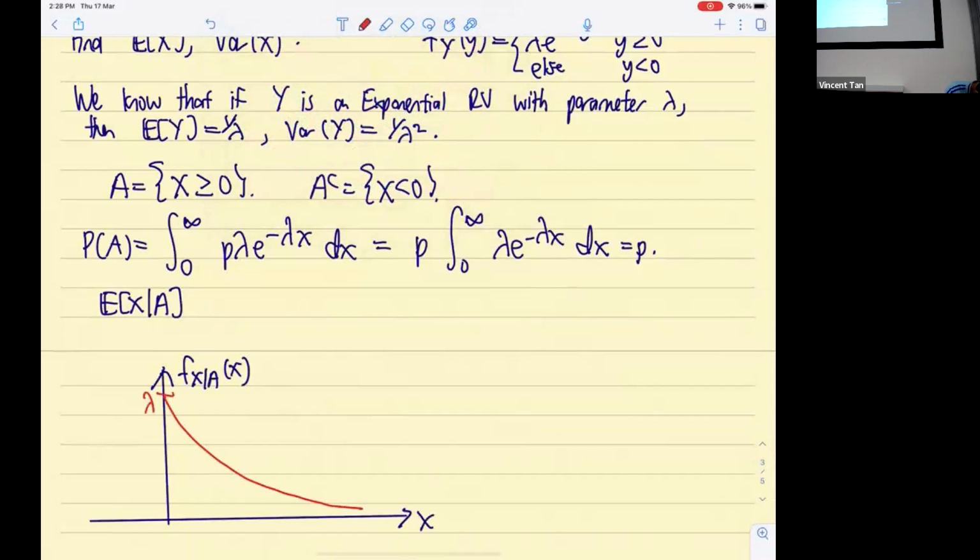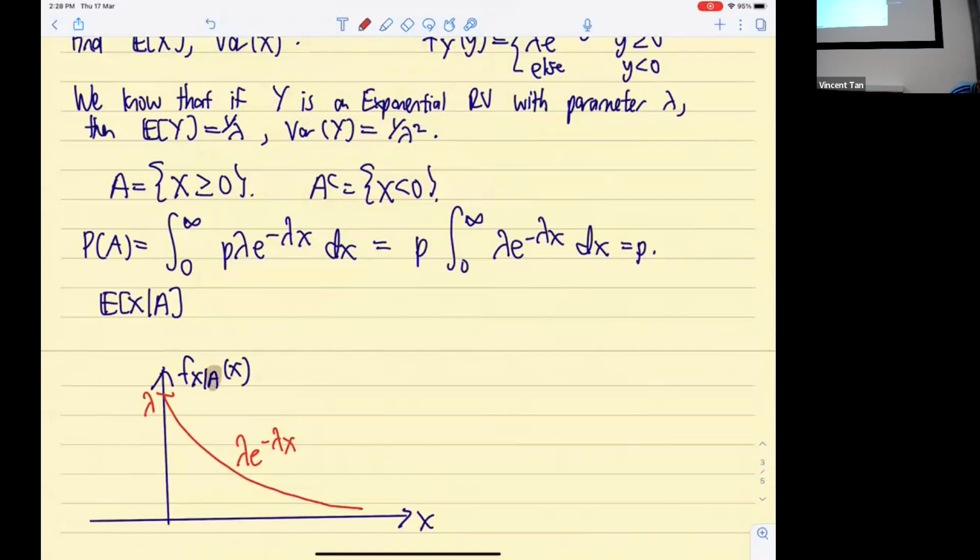And this one will be lambda e to the minus lambda x, because we are conditioning on x being non-negative here. Once we condition on the fact that x is non-negative, x is nothing but a bona fide exponential random variable.